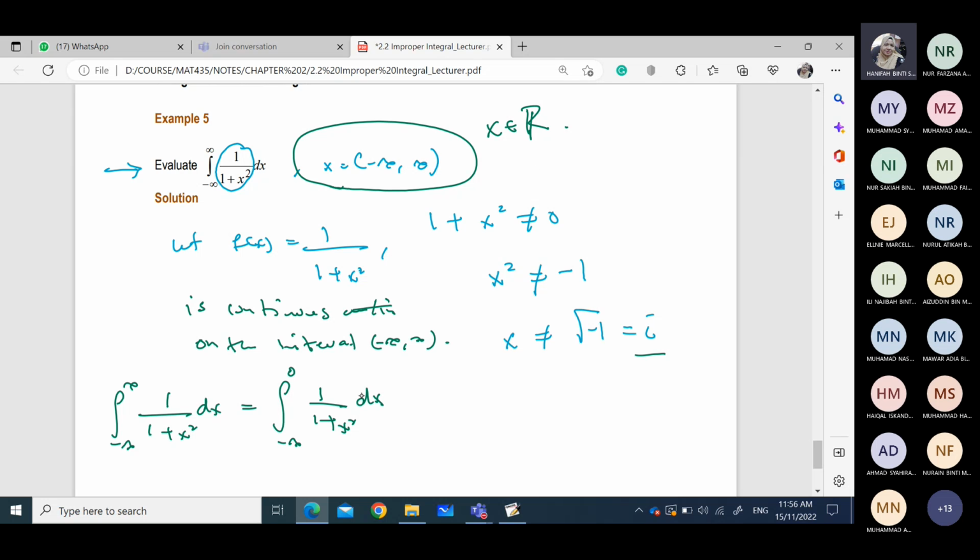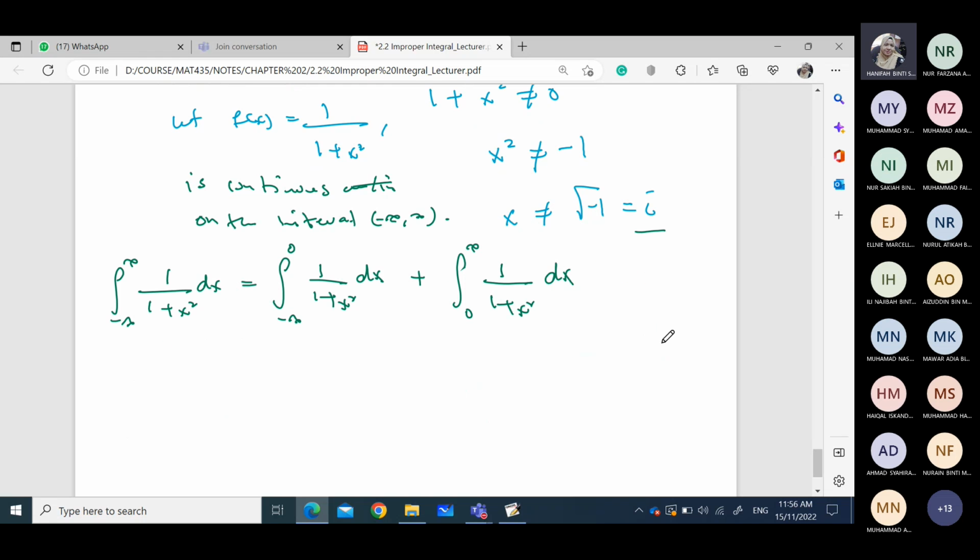Alright. So next part it will be 0 to infinity, for the function 1/(1 plus x squared) dx. Okay. And then based on the definition, we have the limit as b approaches negative infinity for the integral of 1/(1 plus x squared) dx from b to 0.